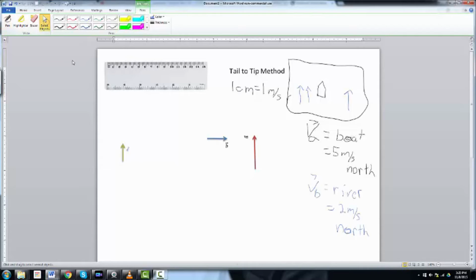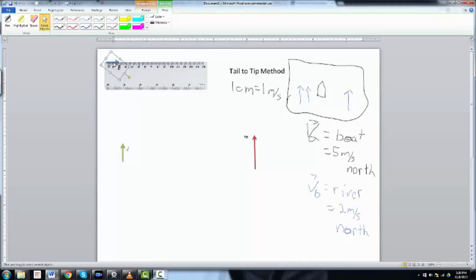So once again, I'm talking about the scale. 1 centimeter is equal to 1 meter per second. So I take my B vector, put it up here. Okay, that's about 3. So I need to shrink this down just a tad. Oh, I pointed it up. Is that about 2? Maybe it's a little longer than 2.